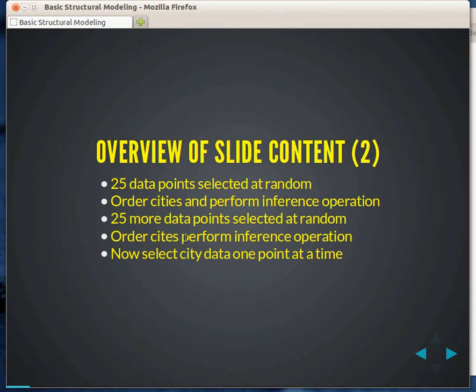Then we ordered the cities and did the inference operation again, which gave us approximately 50 data points that were ordered. That gave us enough of an ordered basis that we could start looking at the data and saying, now we can pick the city that will give us the highest inference potential, the largest payback for getting that specific information.